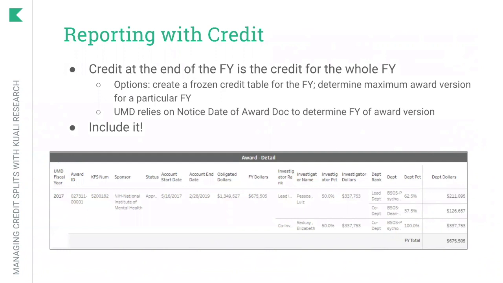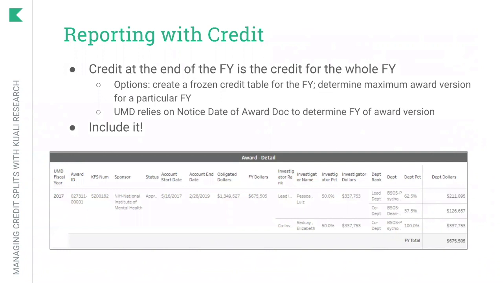We have the award ID, the account number, the sponsor, the obligated dollars for the entire life of the award, and the dollars specifically received in that FY. And then on the right-hand side, we have the credit for that particular FY, and the credit applied to those FY dollars.